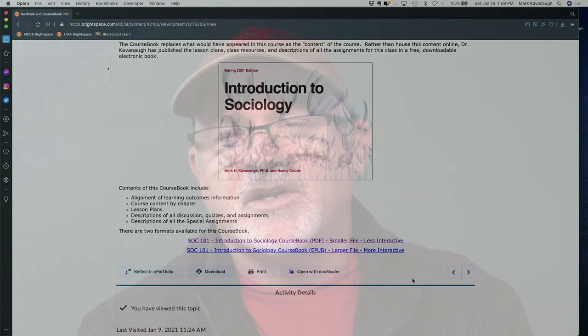And a little bit about the difference between the PDF version and the EPUB version of the coursebook. The PDF, of course, is a smaller document. It's a universal document, will play on any device. The EPUB is the same thing, plays on any device, but you need a reader for it. Ideally, the EPUB is good for your iPad, for your tablet, for your phone, those kinds of things.